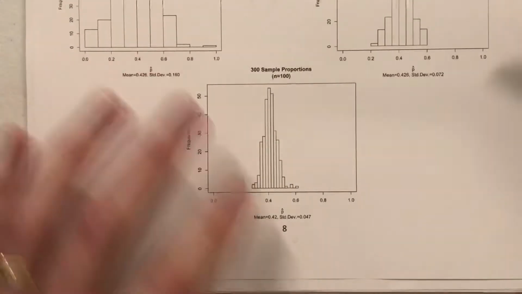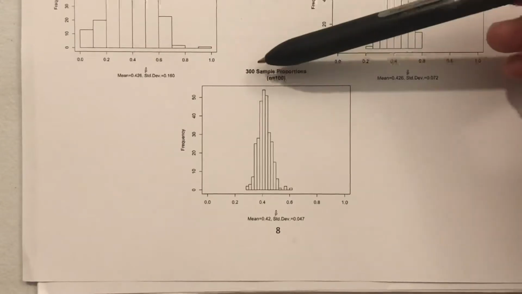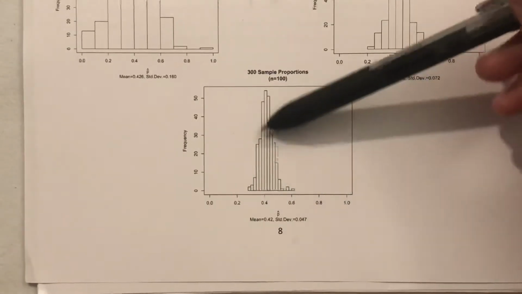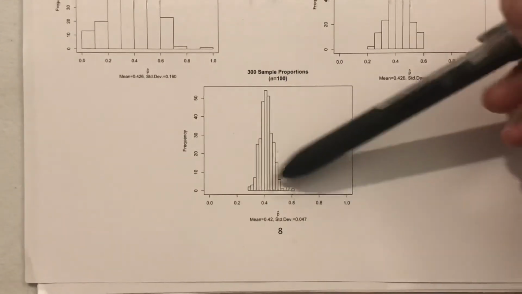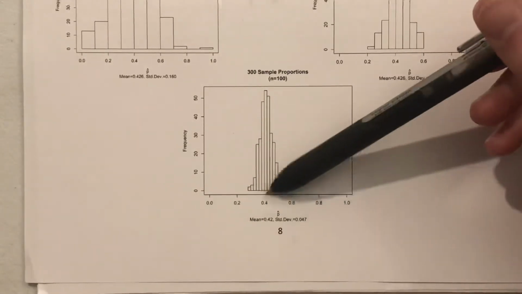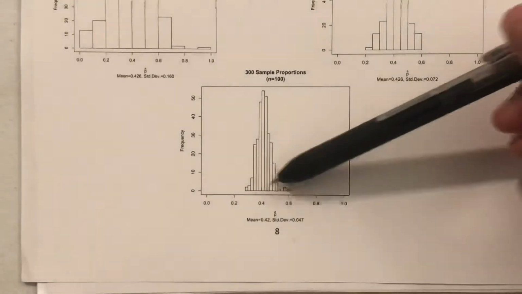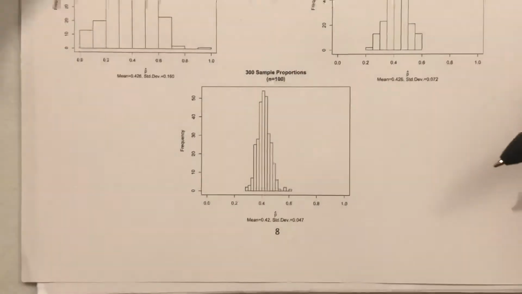And then if we bump that up even more, if we're taking samples of size 100 and we do that 300 times, now we're really zooming in on these proportions from our samples being located very near that 42%. So this idea kind of mimics the central limit theorem that we had as we increased our sample size. But there's a bit of a different rule to it for proportions.